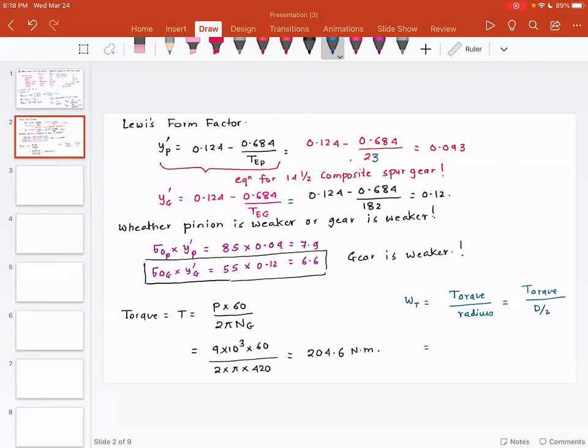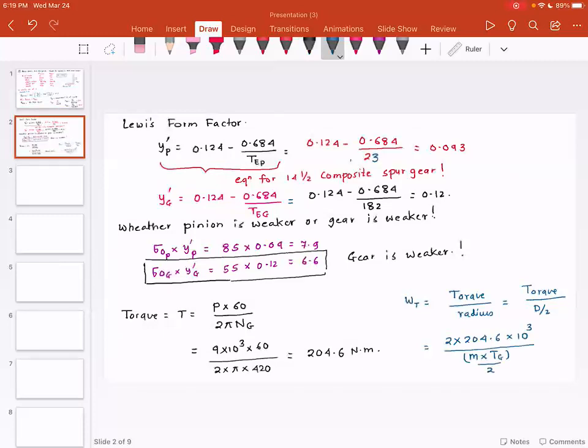The answer is 2 times 204.6, converting that into Newton millimeter, divided by the diameter, where the diameter is module multiplied by number of teeth on the gear.